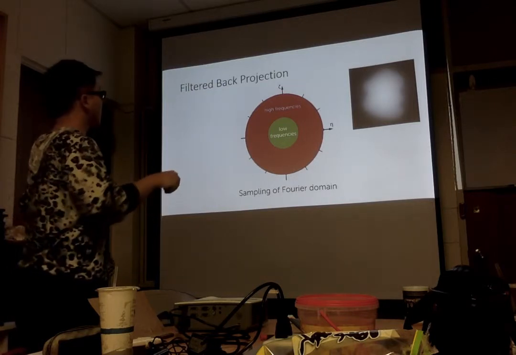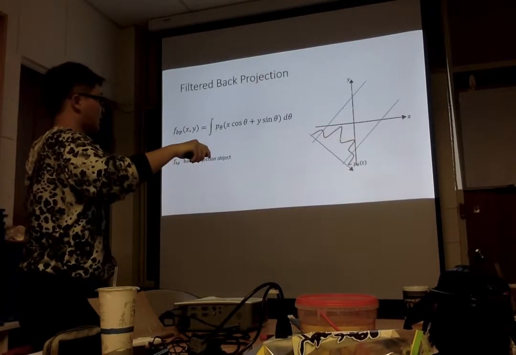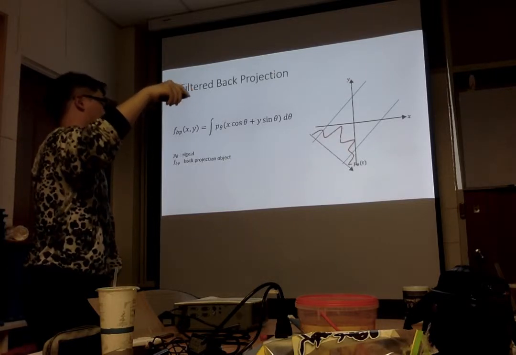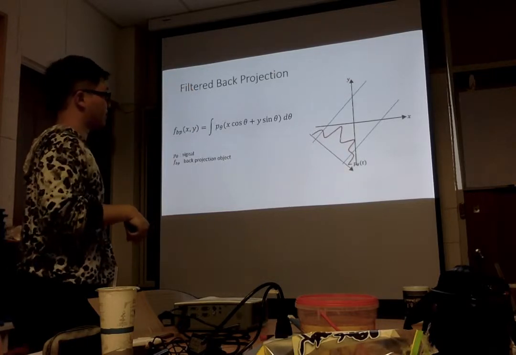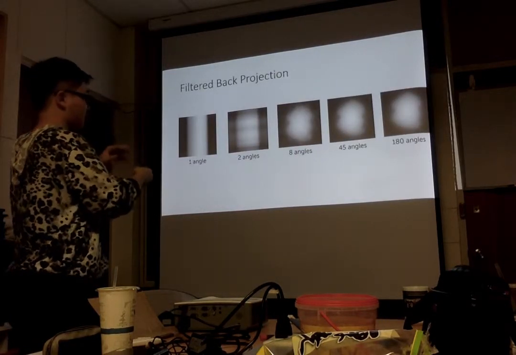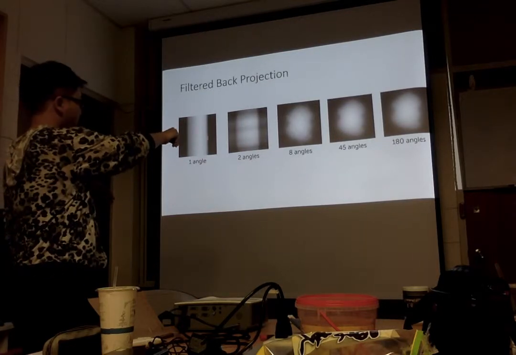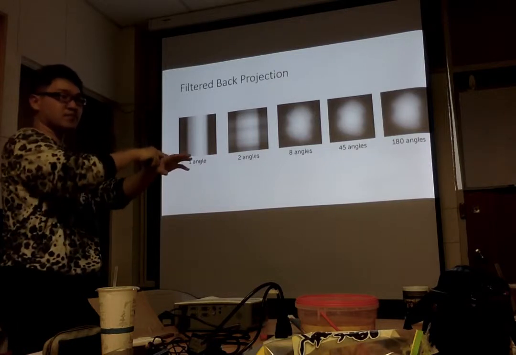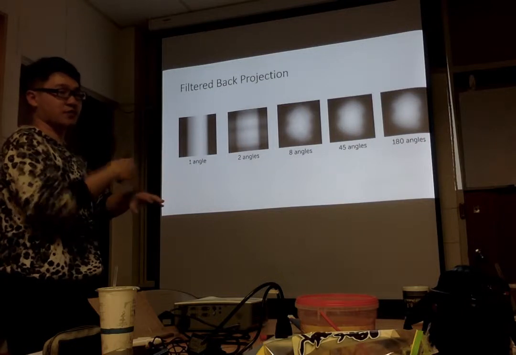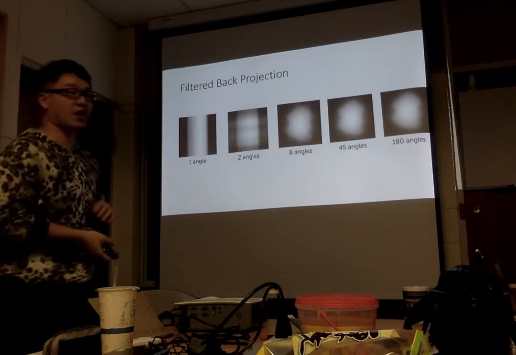Because here's the object, and we emit the ray to it, and then we combine the image from different angles, and the low frequency region has overlap, more data. So that's why low frequency has a lot of data and high frequency on the outside has little data.